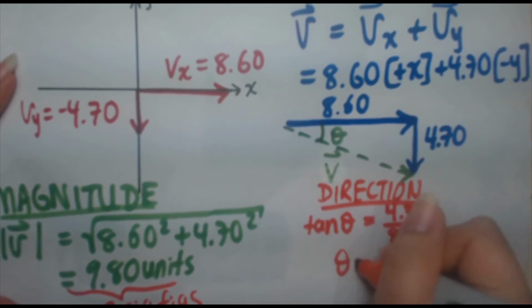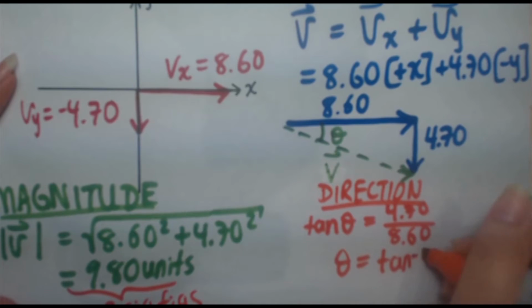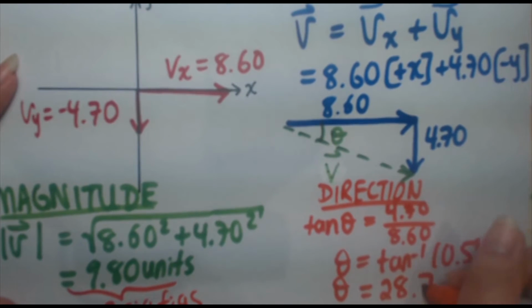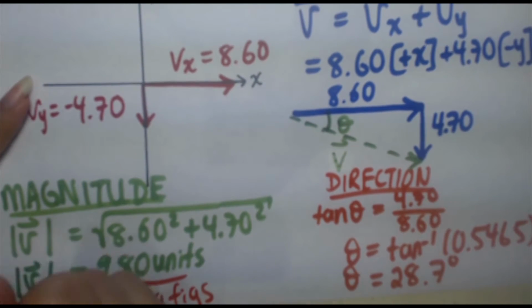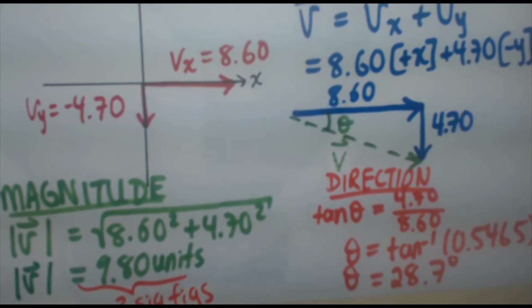So therefore theta is equal to the inverse tangent of 0.5465 roughly, giving us theta to 3 sig figs, 28.7 degrees. Okay, so we've got our angle, we've got our magnitude, and you know what, guys? That's actually it. That's your final answer.